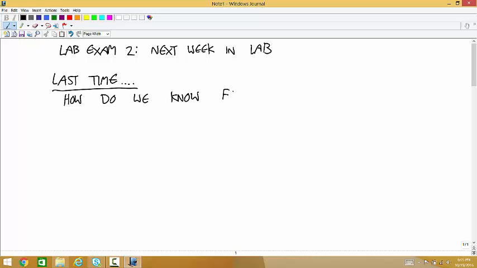How do we know force directions? We broke up forces into, and these forces that I'm talking about are the contact forces. And there are two types.